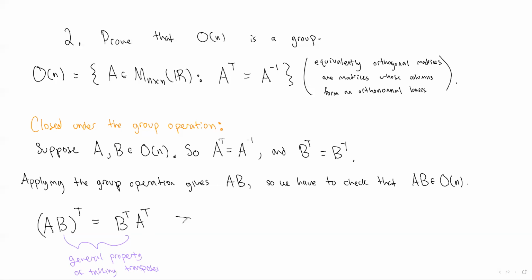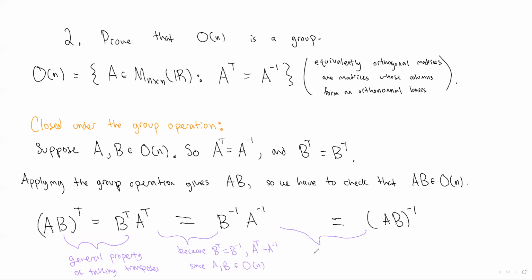But for the next line, I could change B transpose A transpose to B inverse A inverse. And this is because B transpose equals B inverse and A transpose equals A inverse, since A and B are in ON. And for the last line, B inverse A inverse is the same thing as AB inverse. This last equality is a general property of inverses.